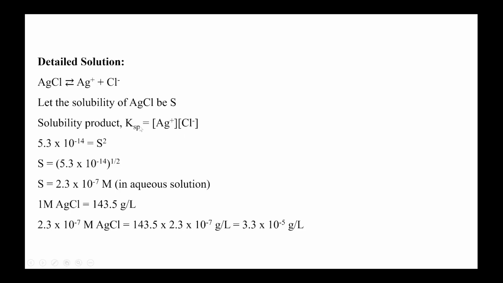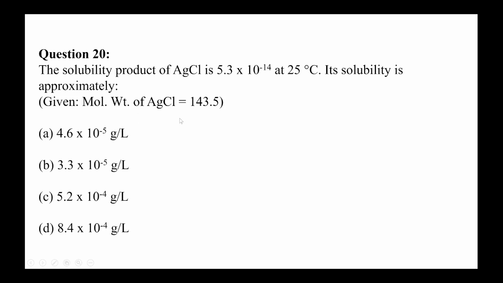Since both are S, KSP will be equal to S square, and the value of KSP is given as 5.3 into 10 raised to the power of minus 14. So S square equals this, and S equals the square root of this. If you take the square root, you will get 2.3 into 10 raised to the power of minus 7 molar. Now this is in molar, and the options were given in grams per liter.